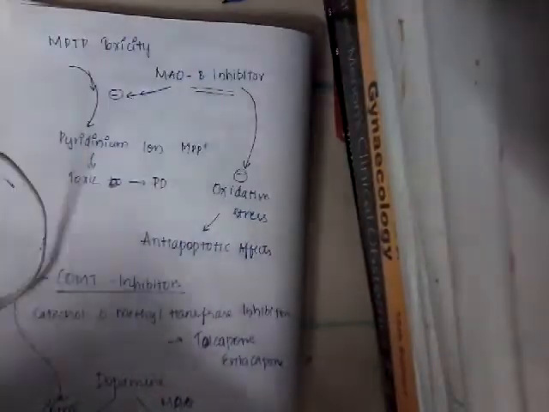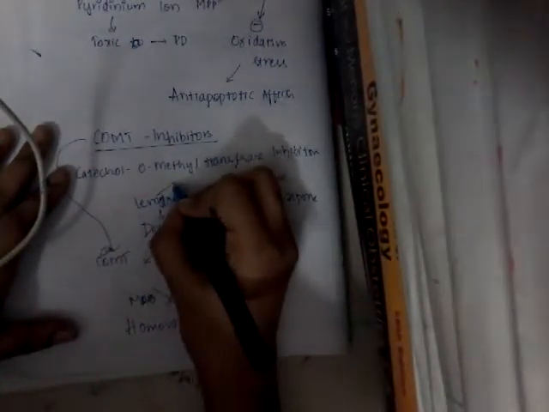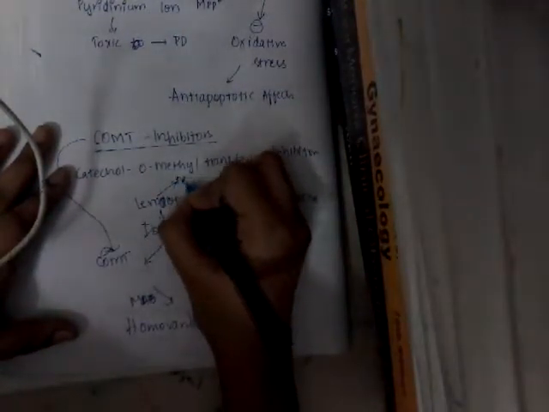As I have said, dopamine is metabolized like this, and even levodopa is metabolized to methyldopa by COMT.